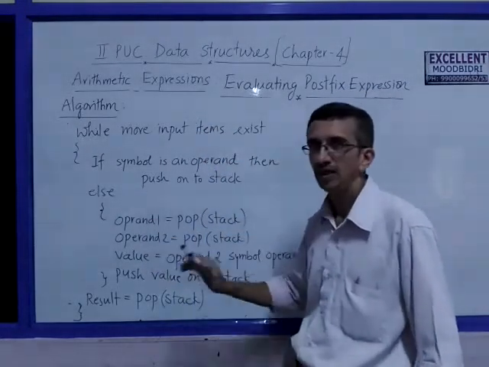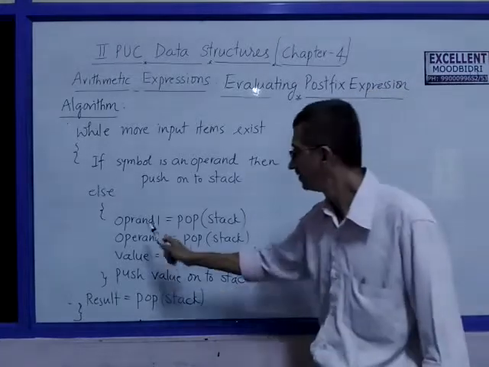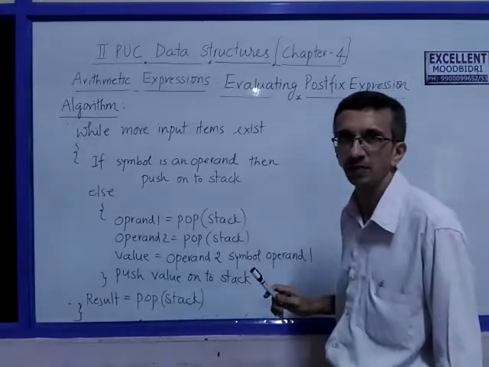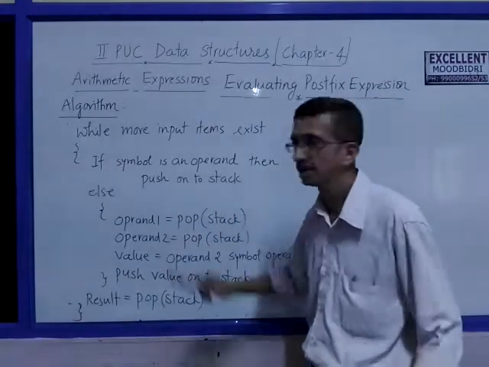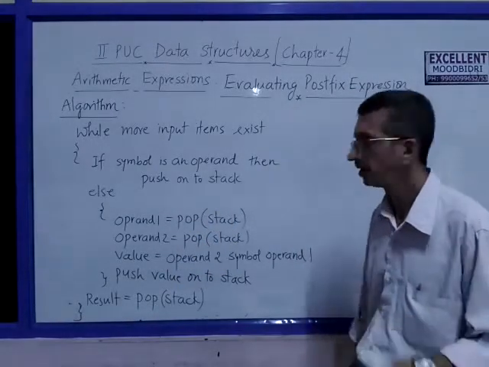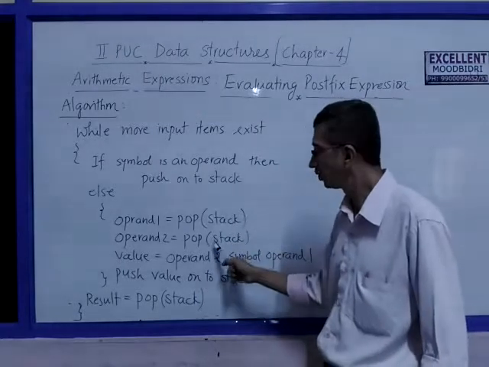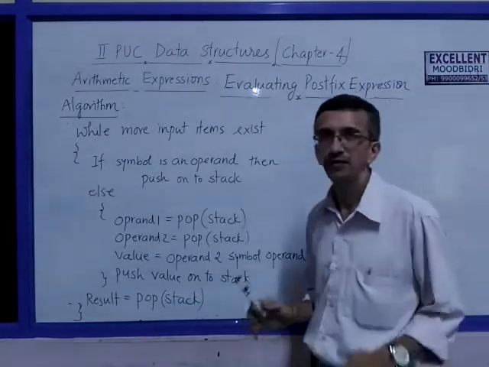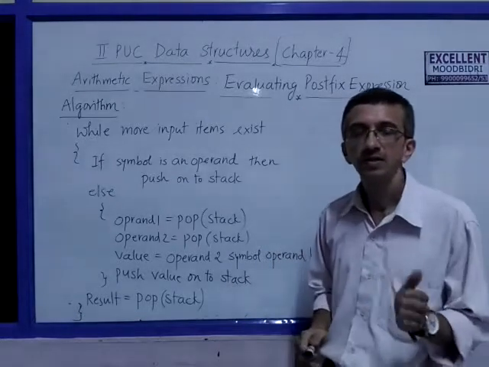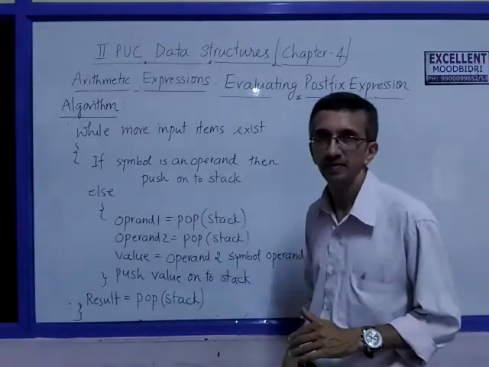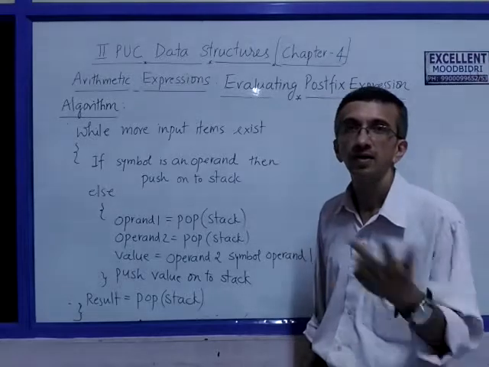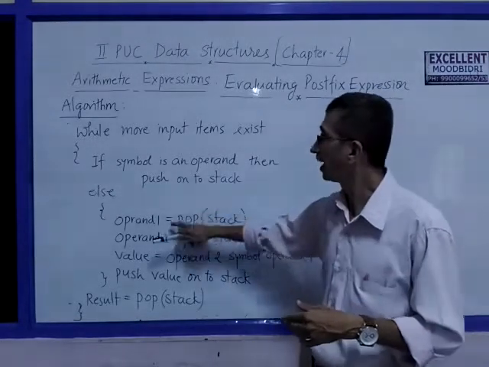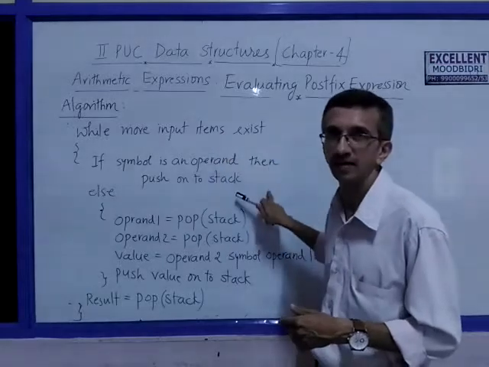Then if it is an operator, first pop once from the stack. So what you are getting is the first operand, right? Again you pop, what you are getting is the second operand, right? So what we have to do is, first we take the operands by doing two pop operations from the stack, because the operands are present in the stack.